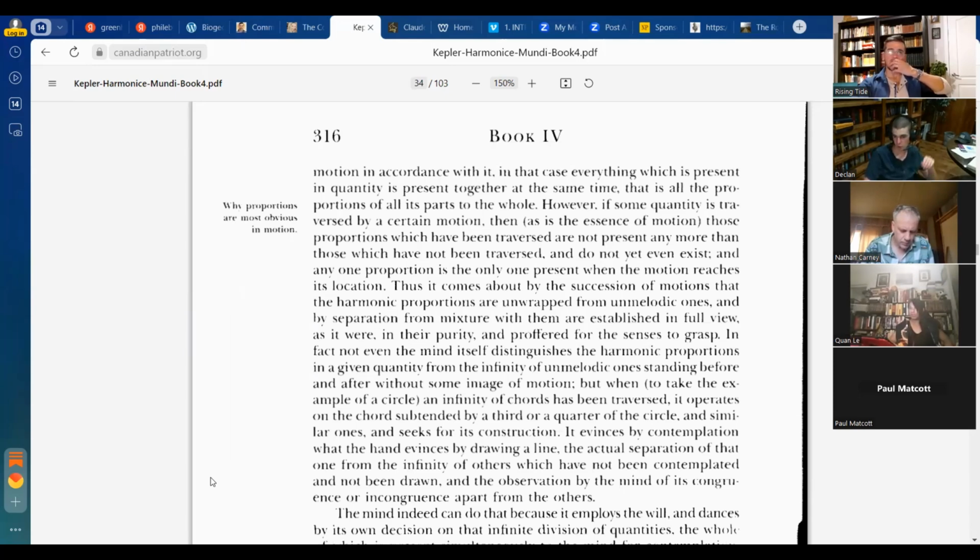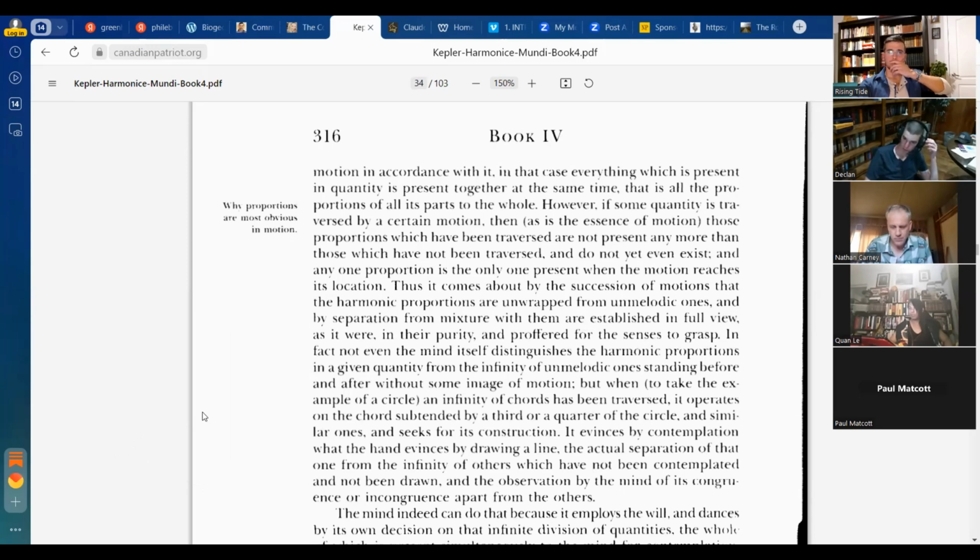However, if some quantity is traversed by a certain motion, then, as is the essence of motion, those proportions which have been traversed are not present any more than those which have not been traversed, and do not yet even exist. And any one proportion is the only one present when the motion reaches its location.